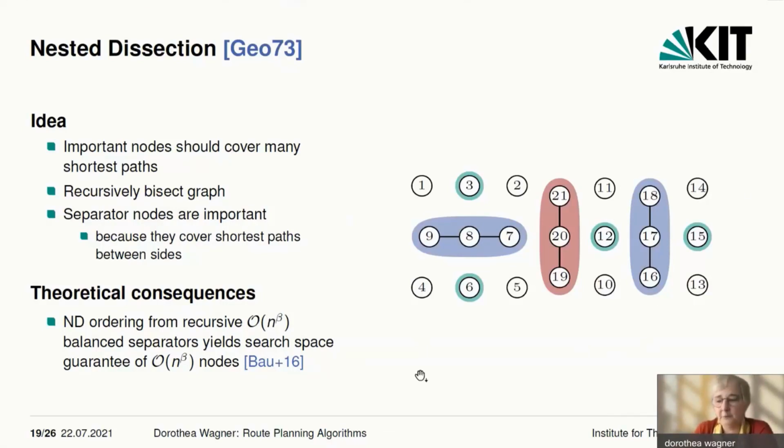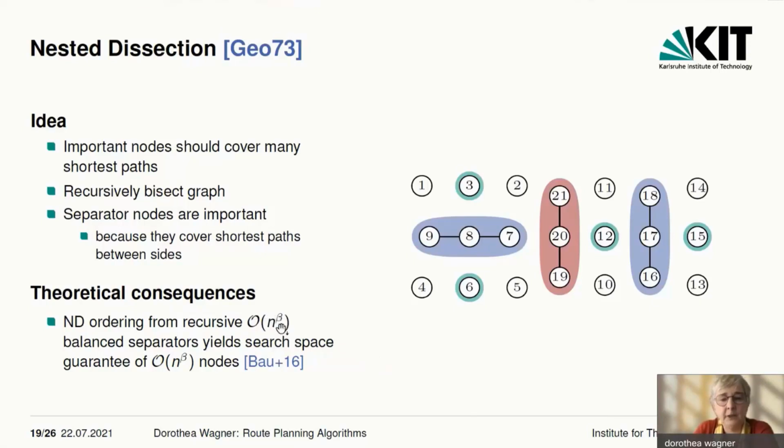If we have good separators, meaning separators that on one hand separate the graph into parts of almost equal size and on the other hand are small, then we can even come up with theoretical results about the size of the search space, or the speedup we can obtain.